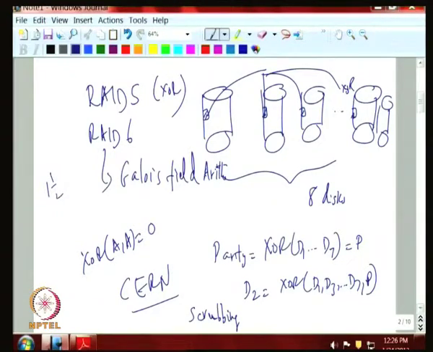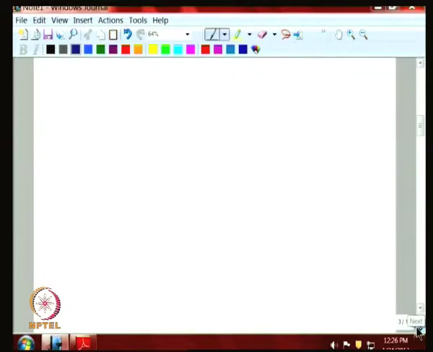Let us see the kind of error mechanisms that you can see. If you think about it, you can see how many levels of things are there.